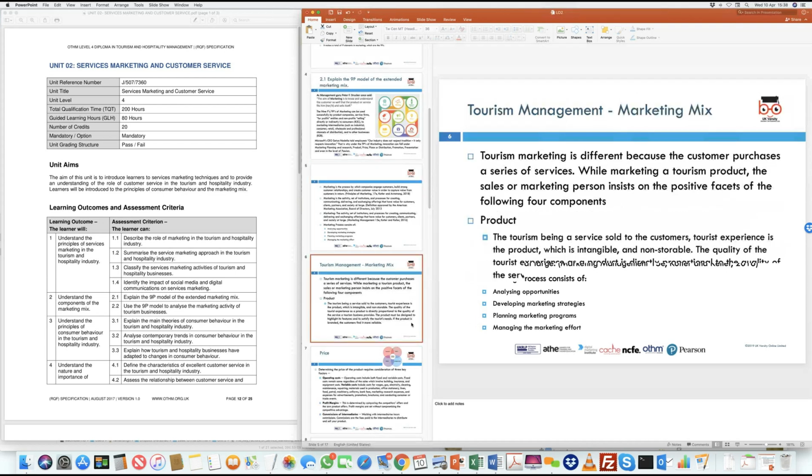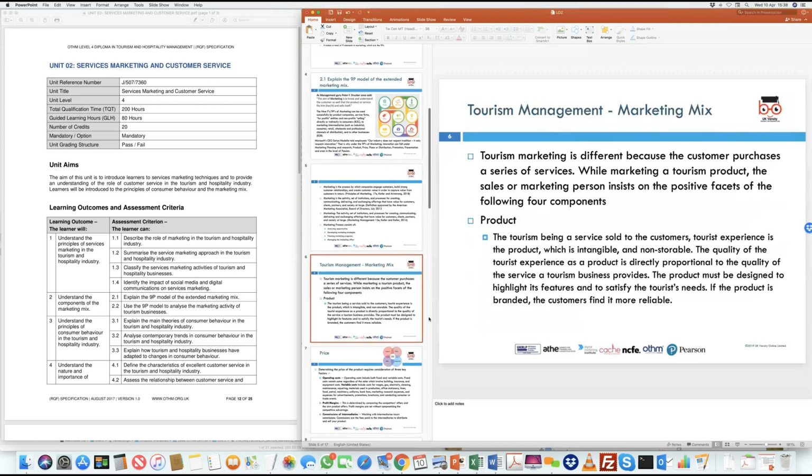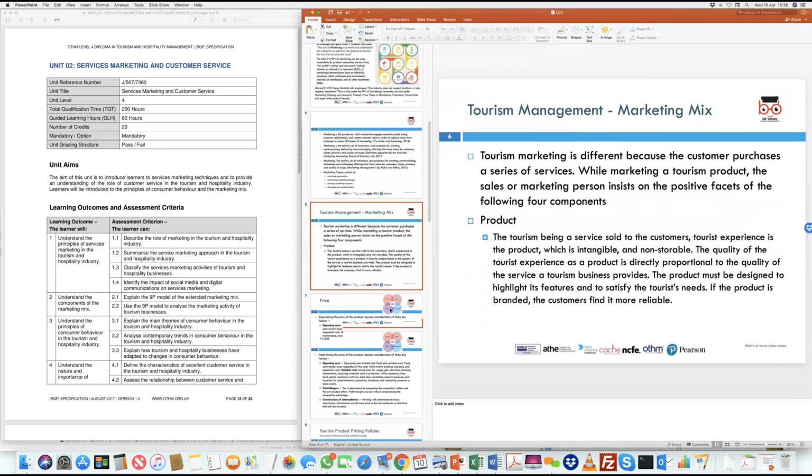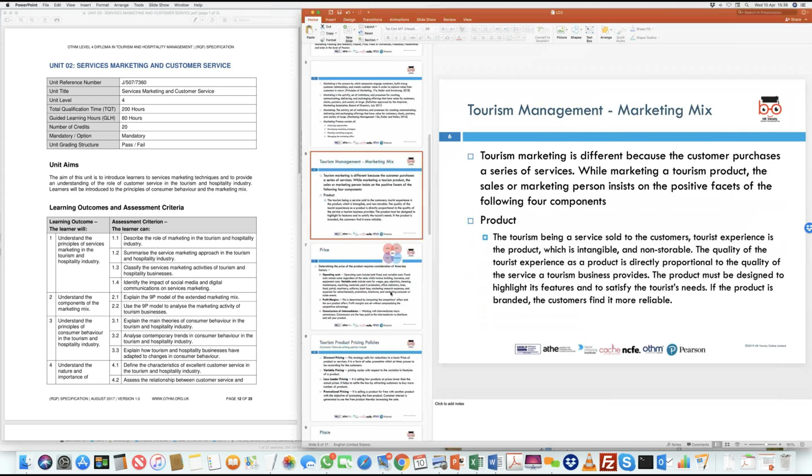of marketing effort. Now, with this, some of the other slides that I've put together are showing a bit of contextualization of how the marketing mix is actually applied in tourism and hospitality management. So here, we have to consider everything with regards to a series of services which the customer actually avails when they are using the THM sector.